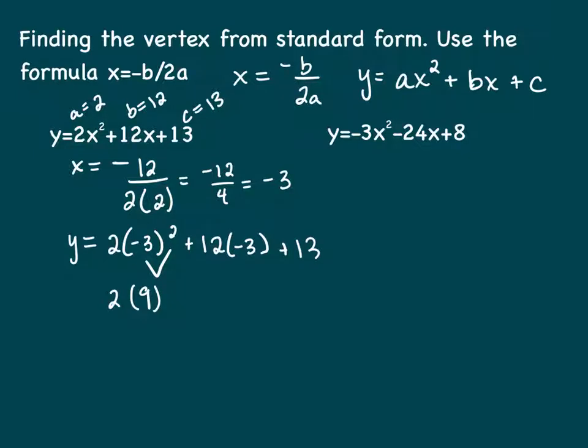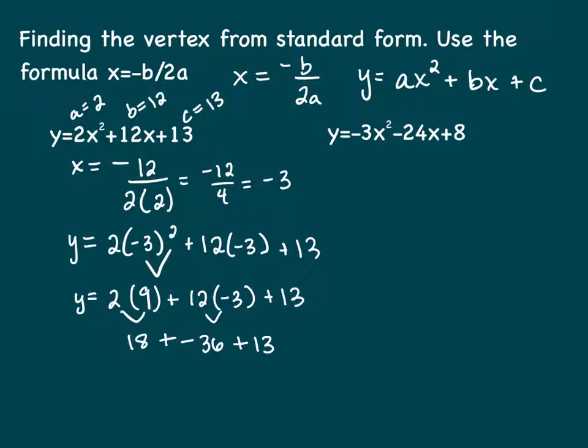I'm going to drop everything else down. Next step is multiplication and division from left to right. So 2 times 9 is 18. 12 times negative 3 is negative 36, and then plus 13. And then it's addition and subtraction from left to right as well.